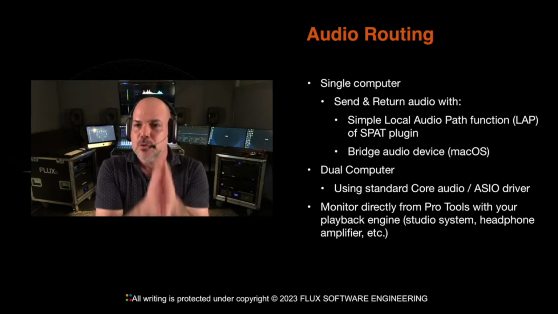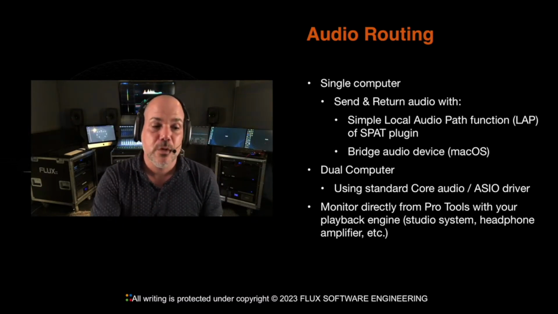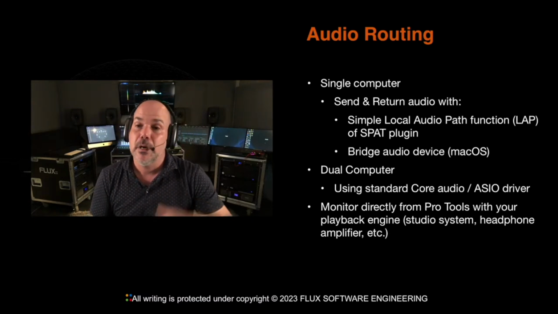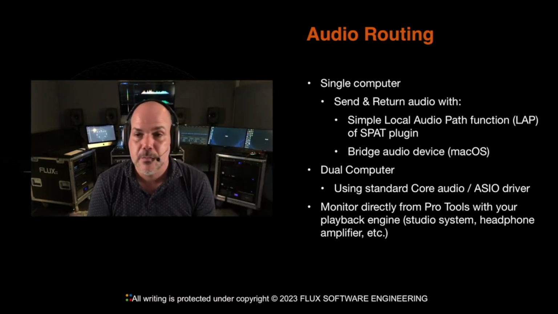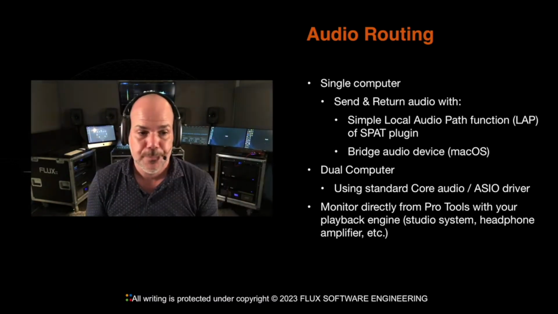Whatever this is, you'll be able to maintain that playback engine, and we'll use the Aux IO in this particular case. And we'll be returning and monitoring what? Well, monitoring to headphones, to the studio system. So you're going to keep that monitoring aspect in Pro Tools with full control.